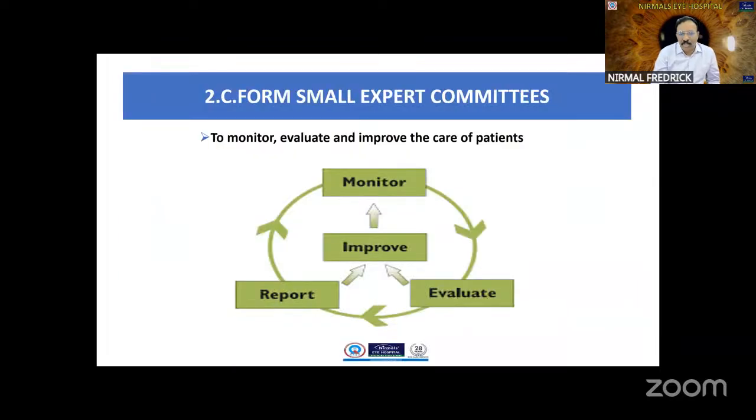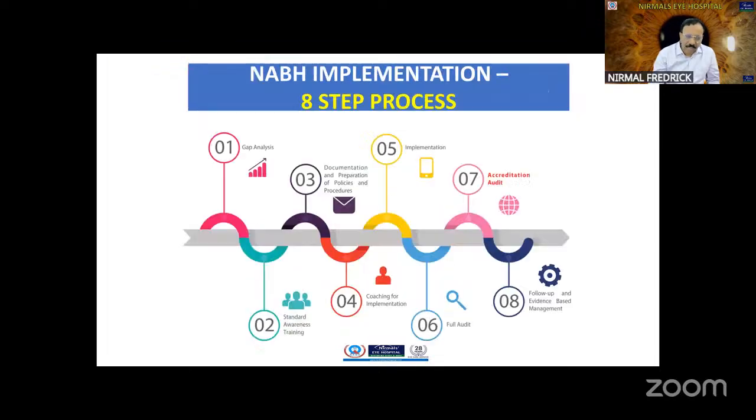You also need some small expert committees to monitor and report to the management. This is basically a cycle: you keep improving and monitor the improvement, evaluate how it is being practiced, and then report to the management and the quality team.